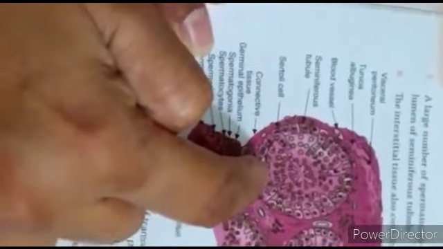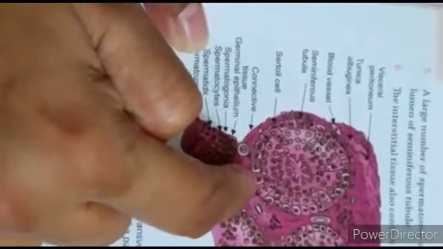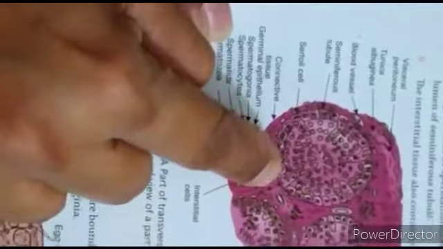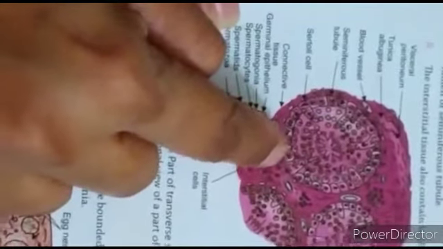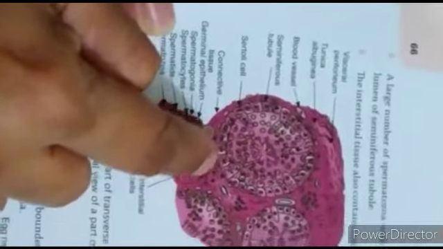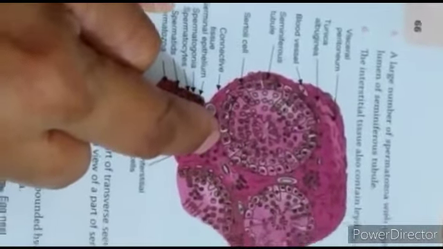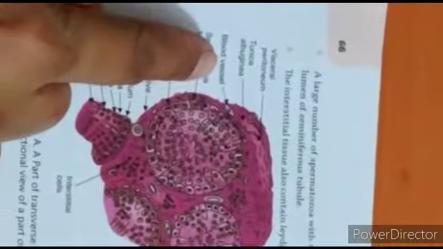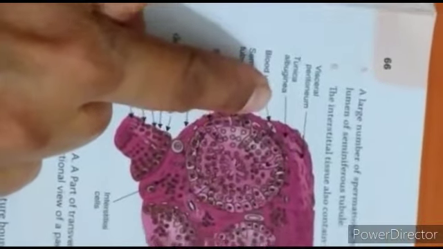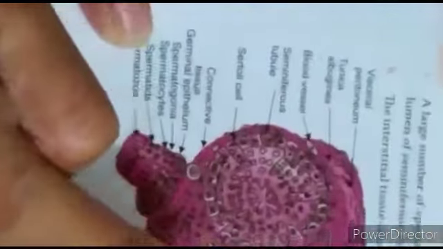Now the seminiferous tubules have the interstitial cells of Leydig. These interstitial cells of Leydig are responsible for the production of the hormone testosterone. You can also see the blood vessels which are present in the interstitial cells of Leydig.